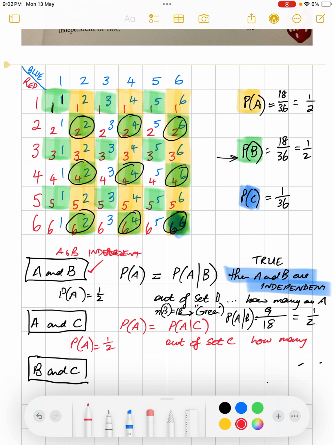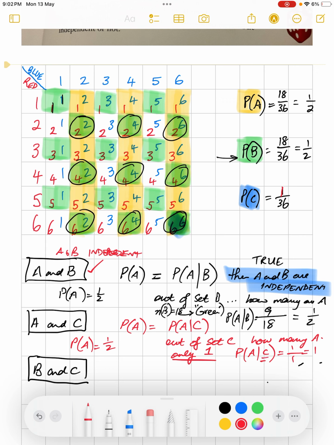The thing about set C is there's only one outcome in set C. Out of that one, how many are A? It is also in set A. It's yellow. So the probability of A given C is 1.